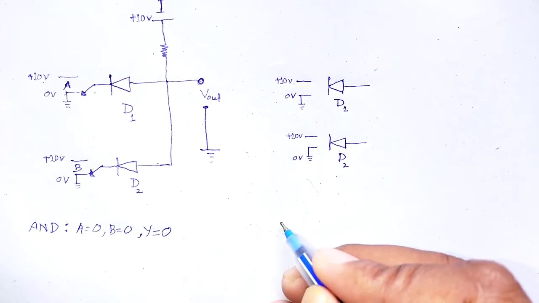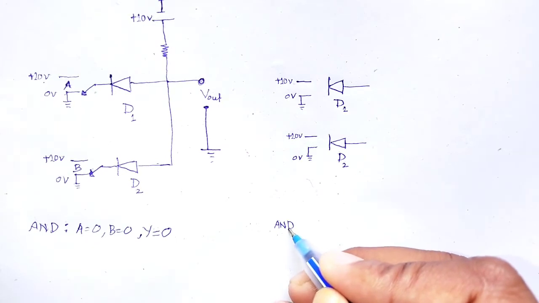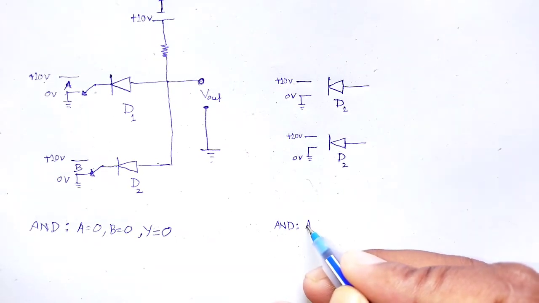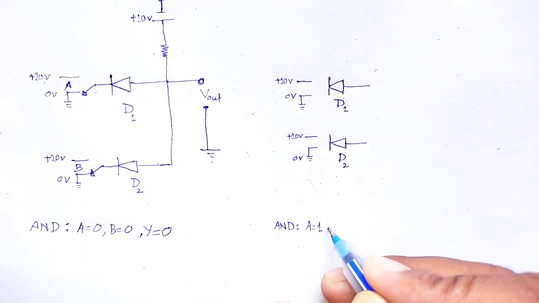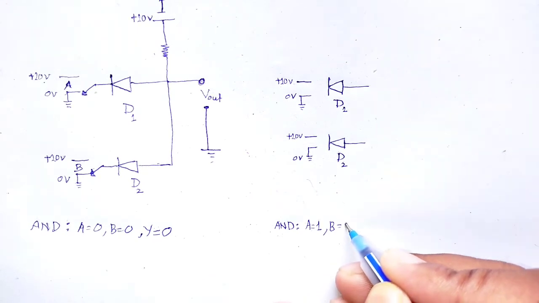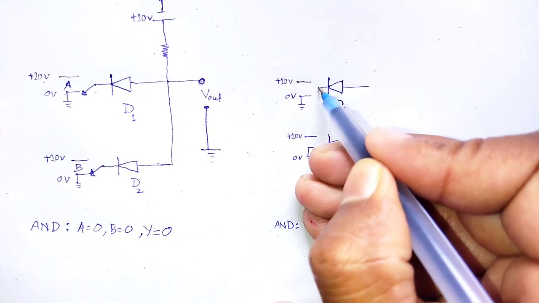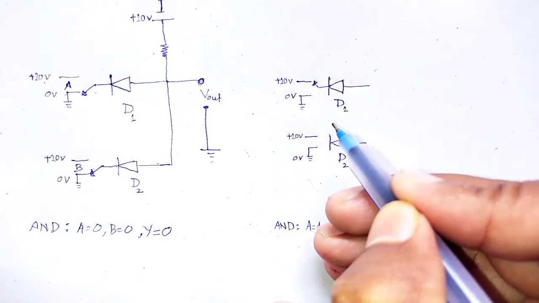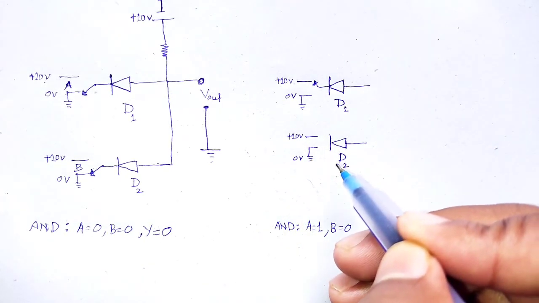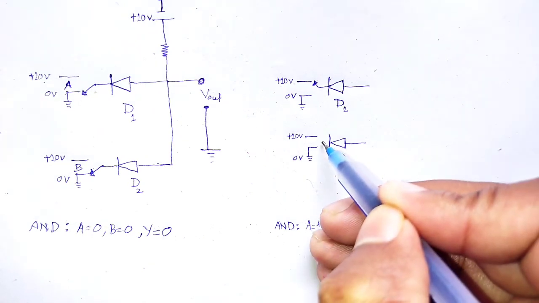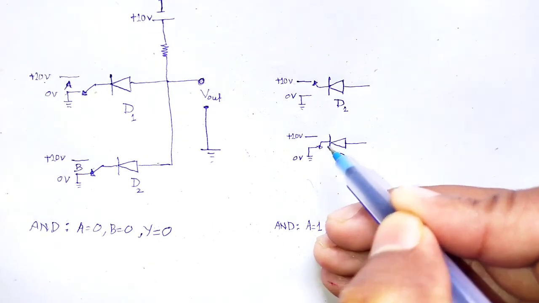Here is the situation of AND gate, as A is equal to 1 and B is equal to 0. So, A is equal to 1, arrowhead towards 10 volt, and B is equal to 0, so arrowhead towards 0 volt.